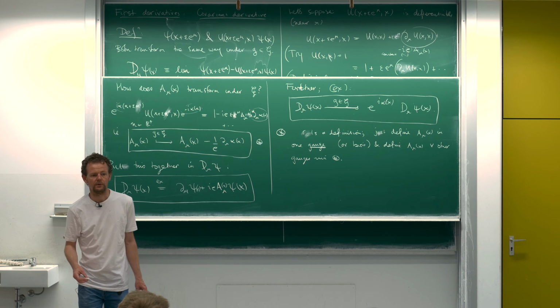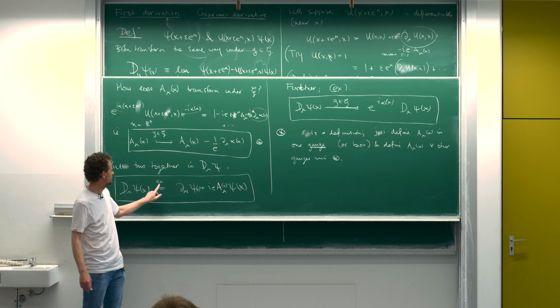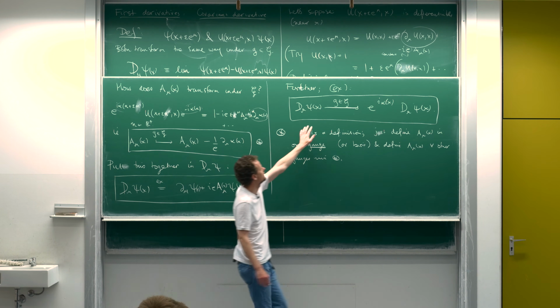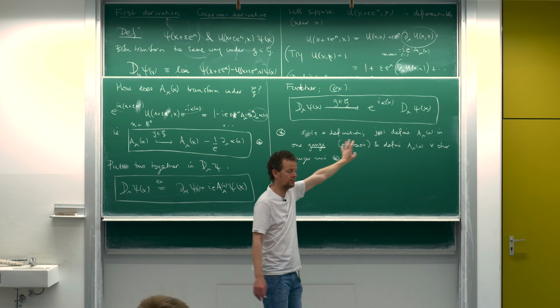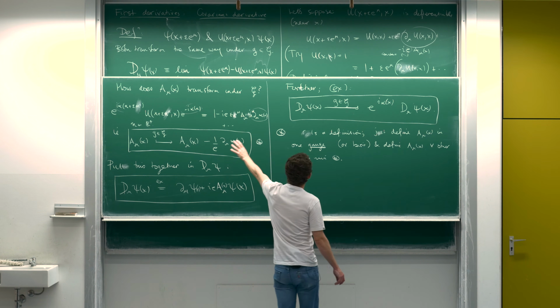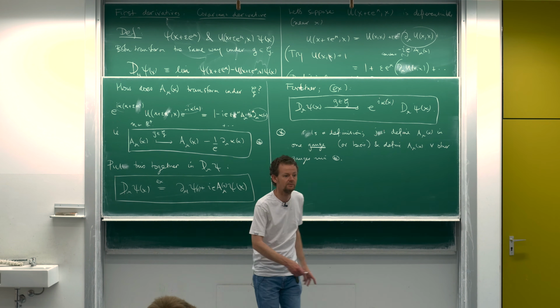So what have we got? We've got a way now to define a derivative that transforms in the right way under local gauge transformations. A derivative-like object; it's not the derivative, it's a derivative. And we could just go ahead and build invariant Lagrangians.